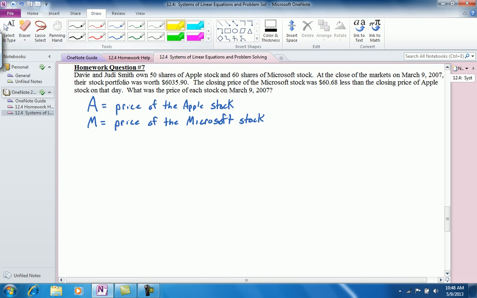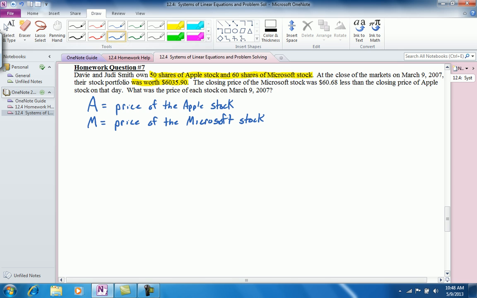Our first equation will come from the fact that 50 shares of Apple stock and 60 shares of Microsoft stock was worth $6,035.90.